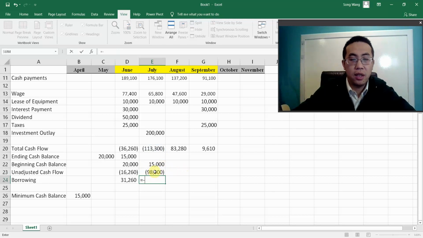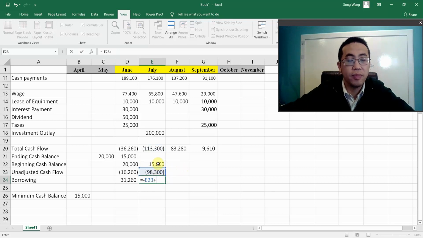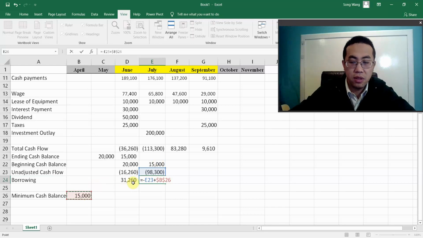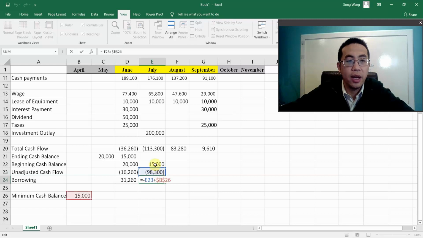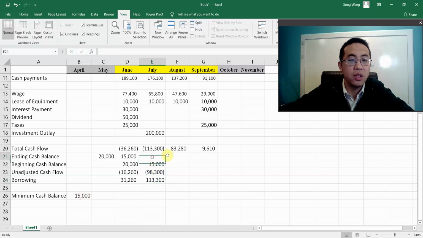So I need to borrow the negative of this, plus the $15,000 minimum cash balance. That's how much I need to borrow. Once again, this number, $113,300, comes from covering this hole of unadjusted cash flow, and also adding up my cash to an ending balance of $15,000.